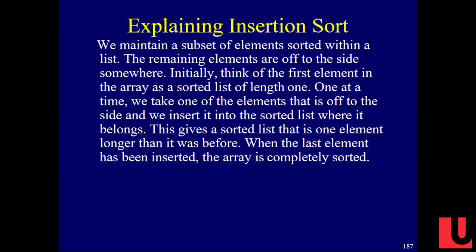I did two things there. I kind of hinted at the loop invariant being maintained, and I hinted at the fact that progress was being made, right? And then I'd say, when the last element has been inserted, what's that? That's my exit condition, right? Then the array is completely sorted. That gives me the post condition, right?